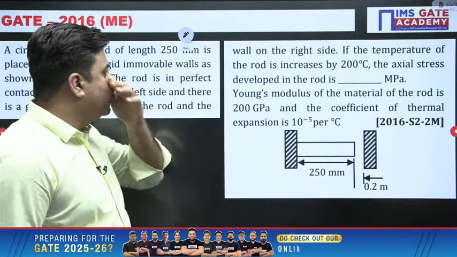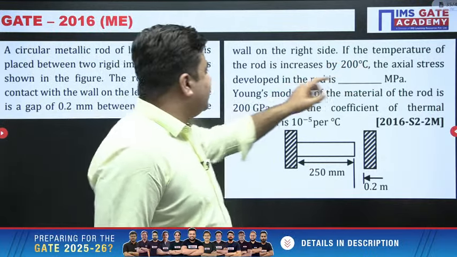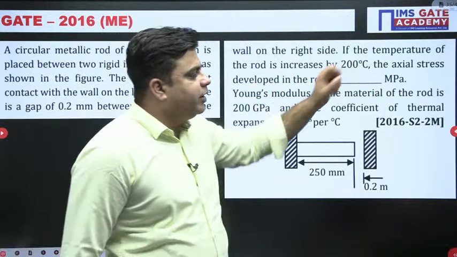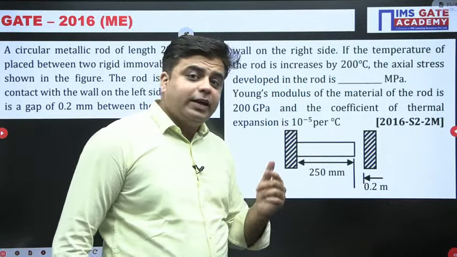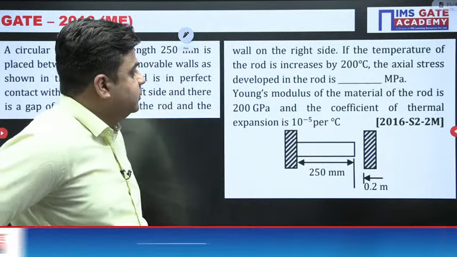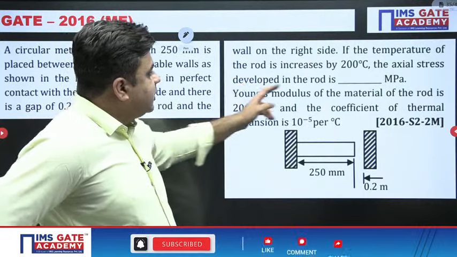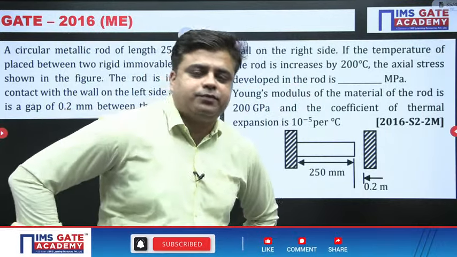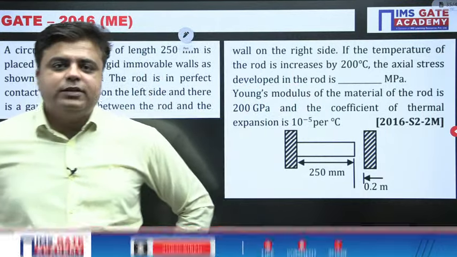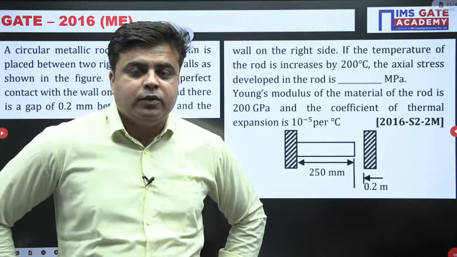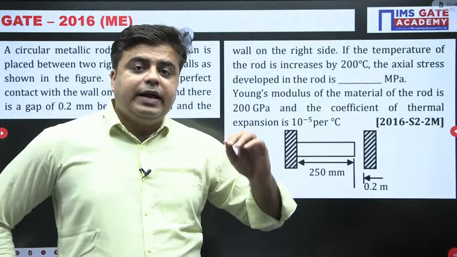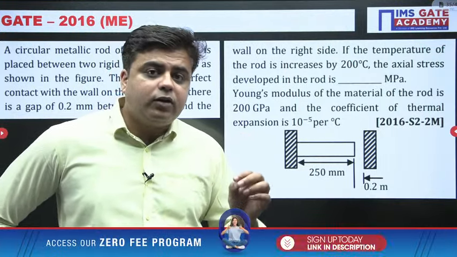If the temperature of the rod increases by 200 degrees Celsius, the axial stress developed in the rod is... First, when will the axial stress not develop in the rod?